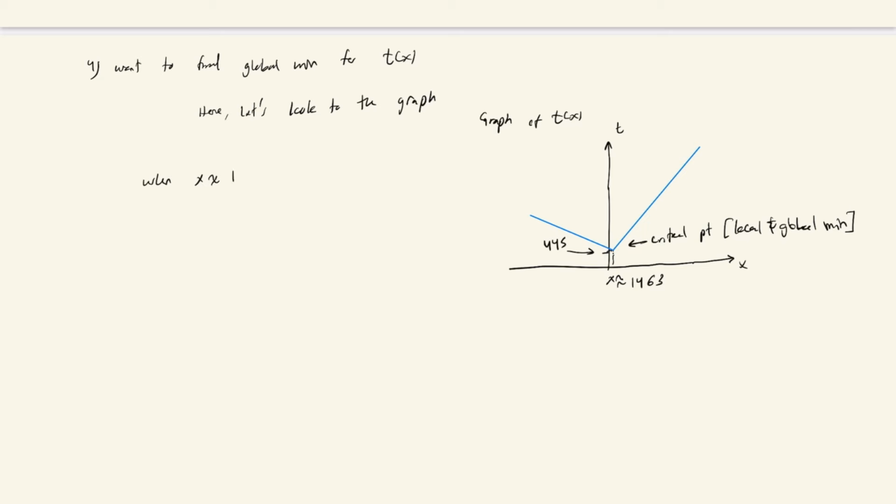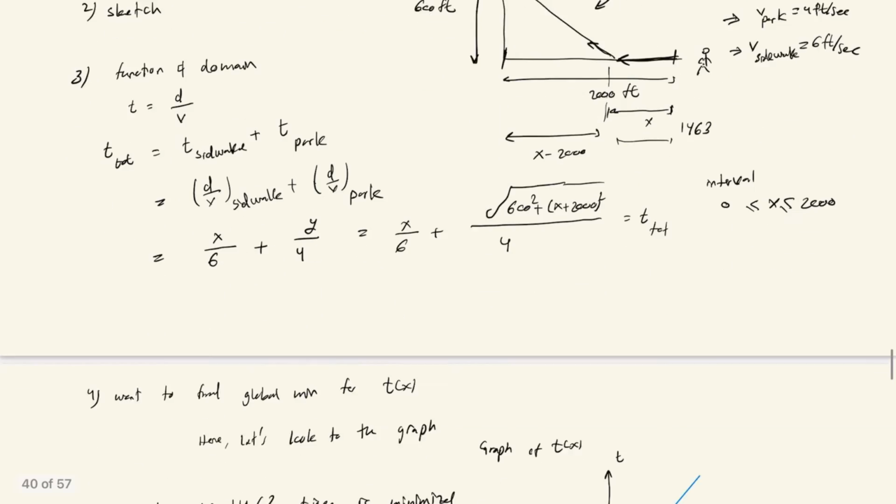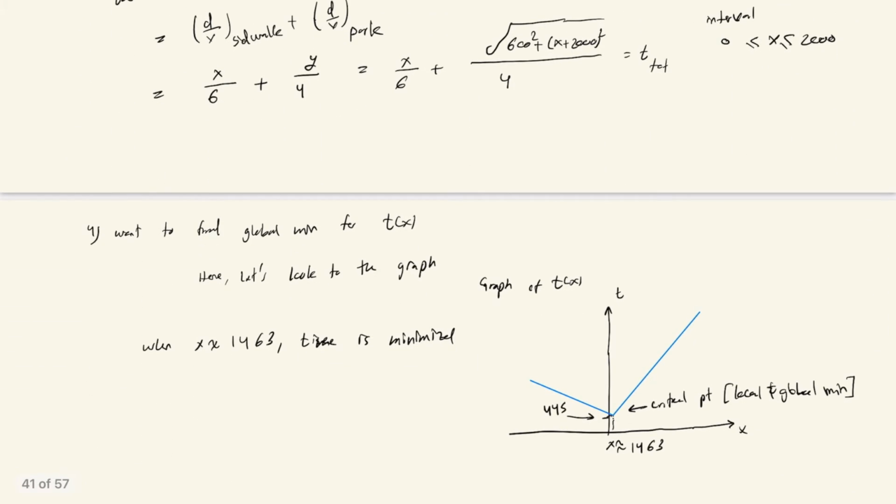Therefore, when x is approximately 1463, the time is 4:45 seconds. This is the distance that will take Alaina to travel along the sidewalk and then take the grassy park. That is the shortest path for her, and that will take the least amount of time.